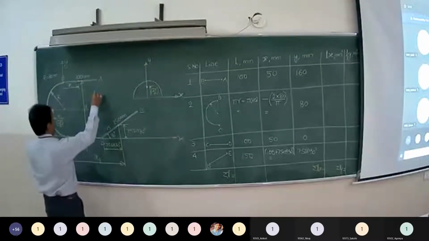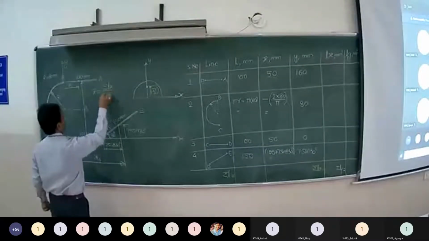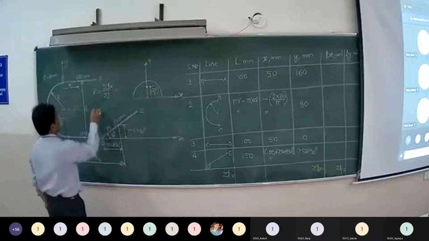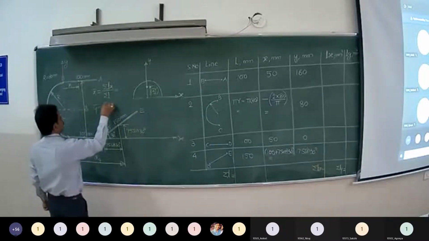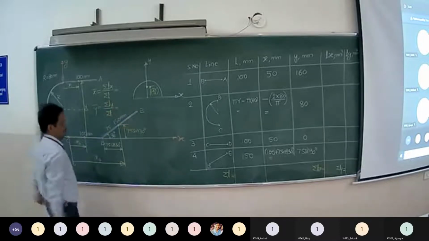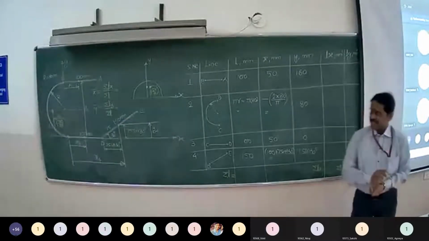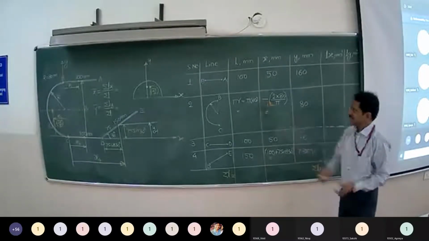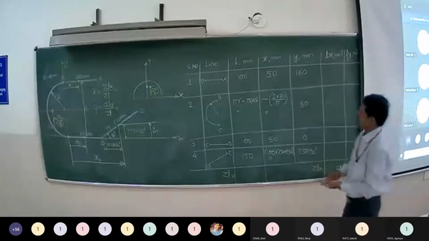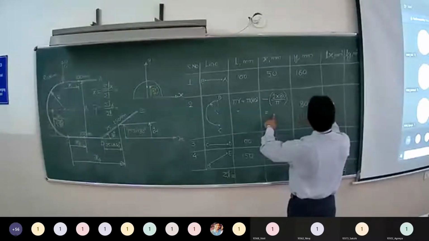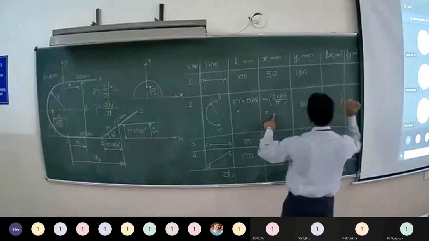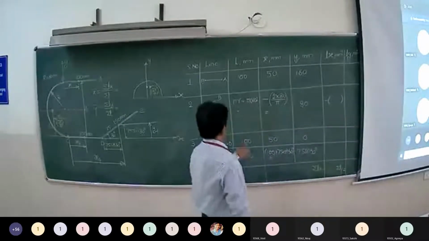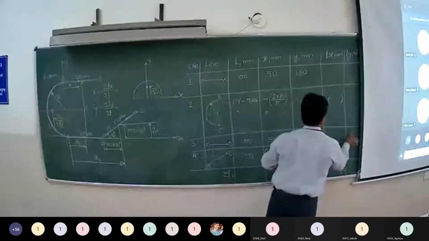Then x bar is given by summation Lx upon summation L. Y bar is summation Ly upon summation L. While doing calculations, you please take care of this negative sign. Okay. So in calculations, very important. This term Lx will be negative. L into y, this term will be 0.